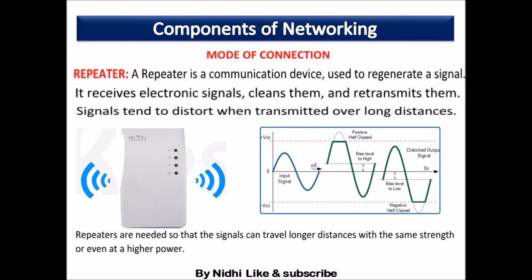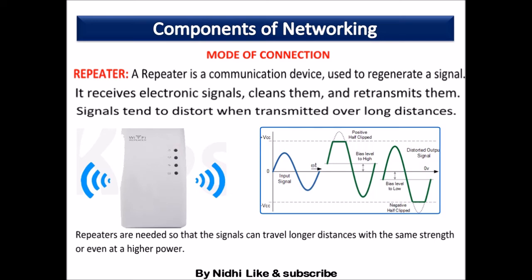It receives electronic signals, cleans them and retransmits them. These signals tend to distort when transmitted over long distances. So to get a better quality signal in the network, there is a device, the repeater, that continuously cleans the noise, maintains the originality of the signal, and retransmits it, so that the signal reaches the receiver as a proper signal.